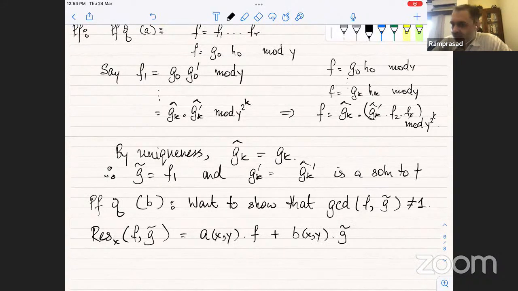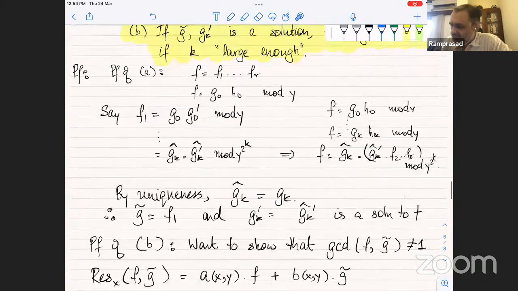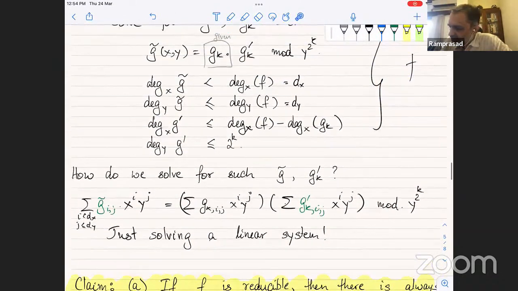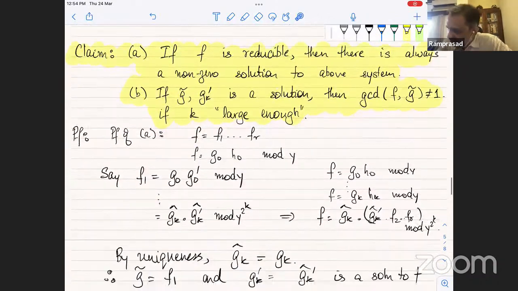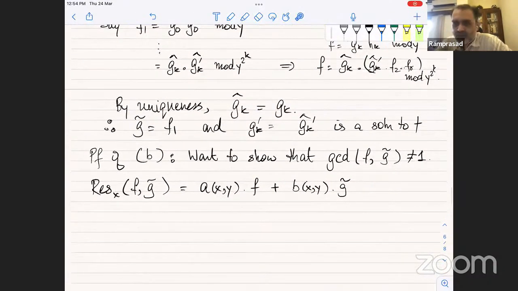The only information we have about g tilde is that g tilde is equal to gk times gk prime mod y^(2^k). This is all we know about g tilde. So let's take this equation and go modulo y^(2^k) and see what we get.